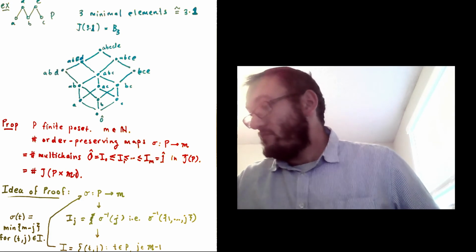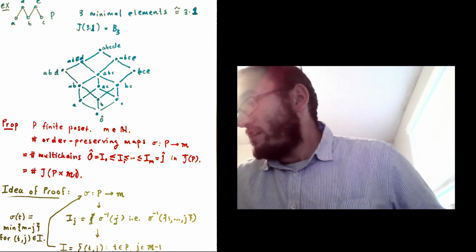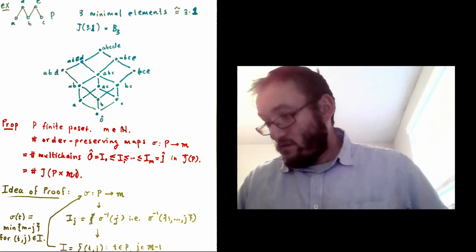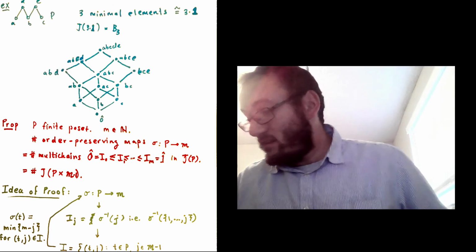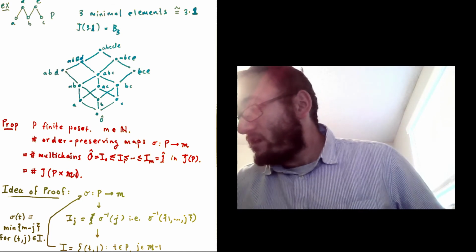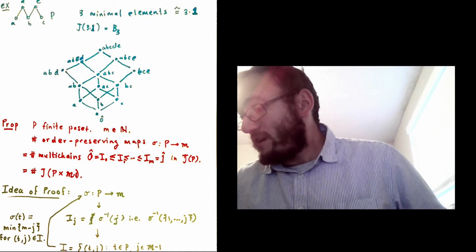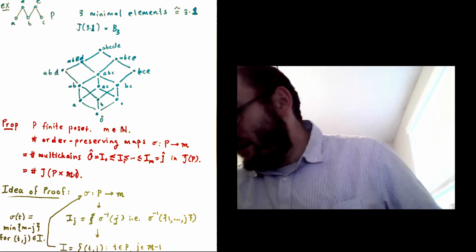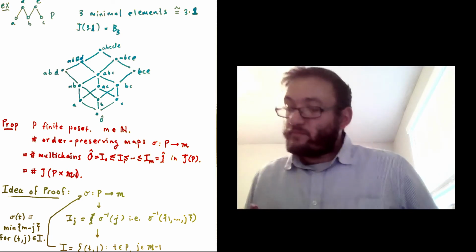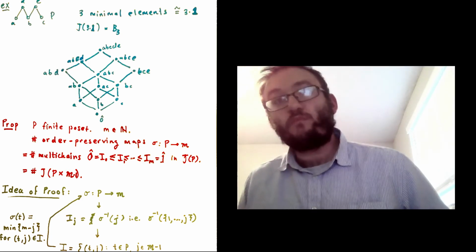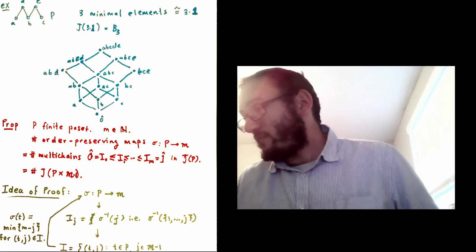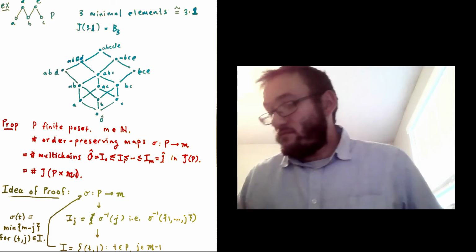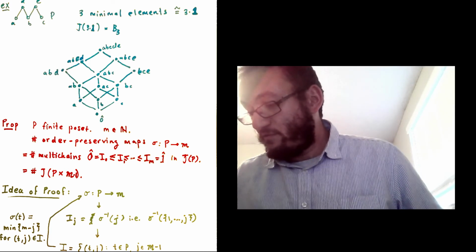And these are all multi-chains in J of P. And this is equal to the number of elements in the lattice of order ideals of P direct product with the chain M. Sorry, chain M minus 1. Okay. So this is a pretty cool idea, and I'm just going to sketch the proof.